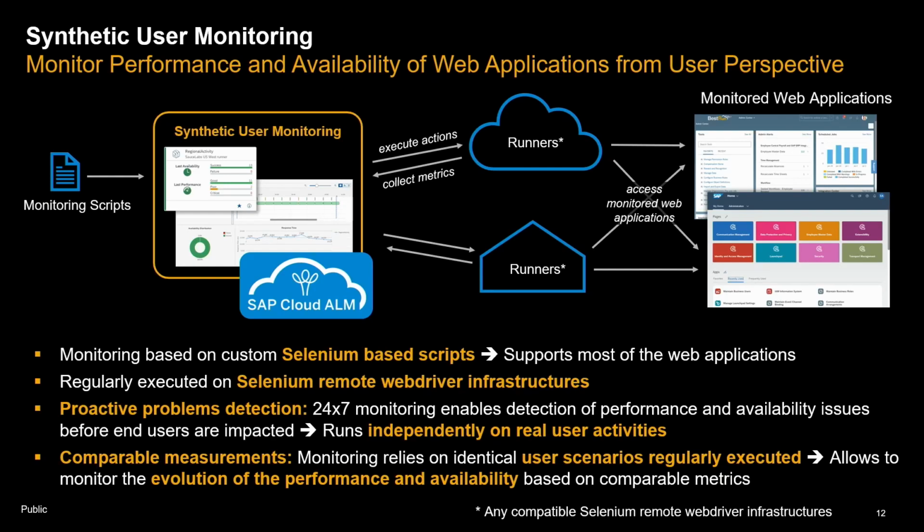And there, these runners could be installed on-premise or in the cloud. The concept is that you bring it as near as possible to the real end users. So the scenario would be that you have subsidiaries, that you have a decentralized landscape where is your data center, or the services are accessed from different locations in the world.